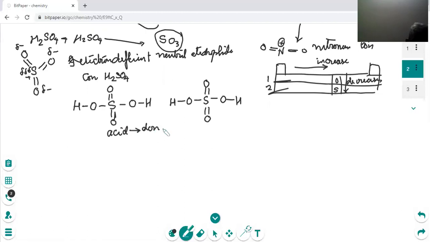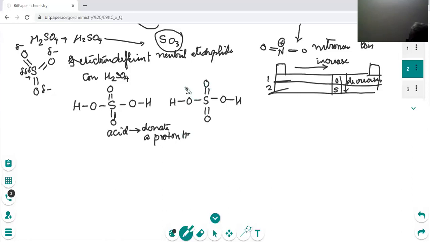What is a proton? H plus. Now see how it is donating a proton. You have a lone pair of electrons here. You can use this electron pair or this one; practically it makes no difference.